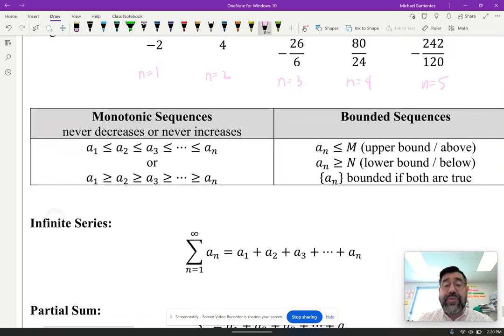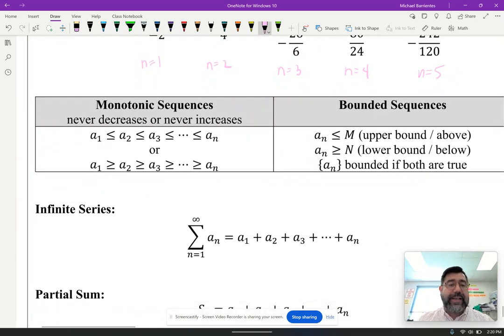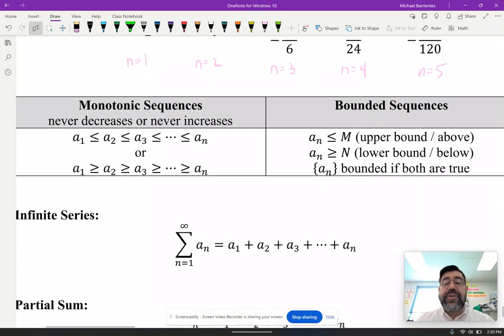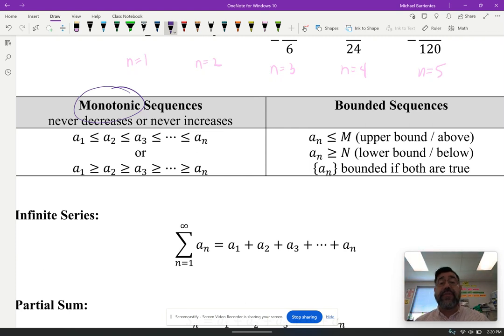Before we get into that idea and into series, there are two types of sequences we want to make sure we understand. First, there's a monotonic sequence. Monotonic, just like when you talk monotone and it's never changing and your voice is always sounding at the same pitch. A monotonic sequence is a sequence that never decreases or never increases.